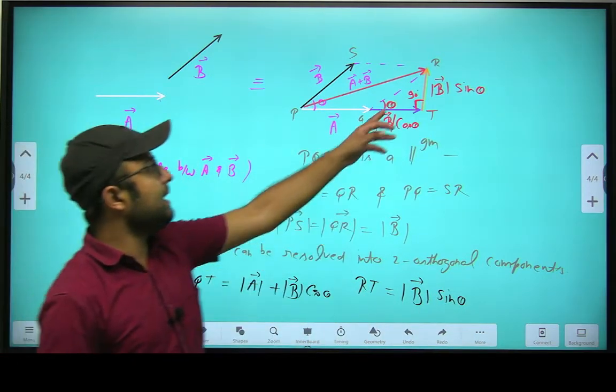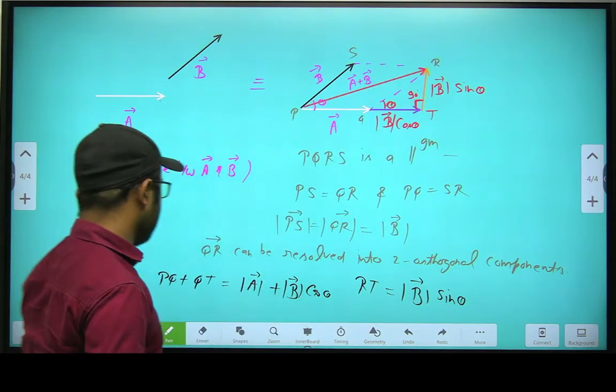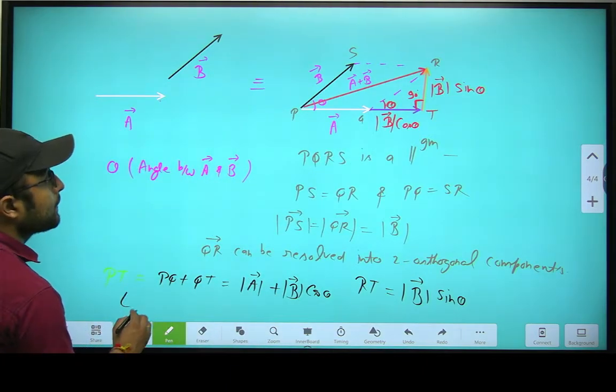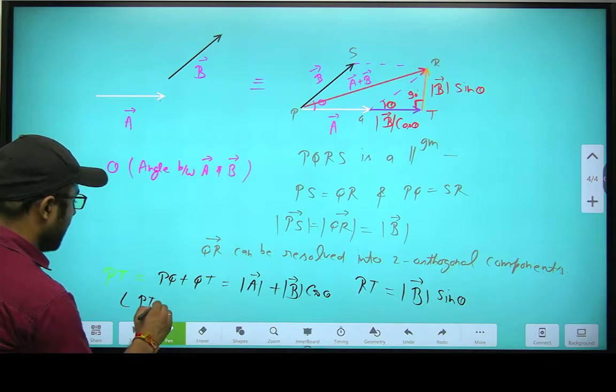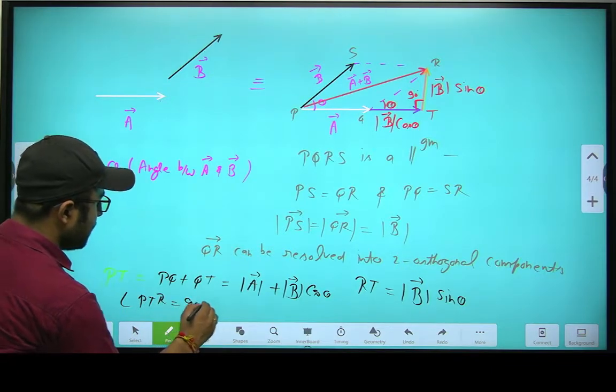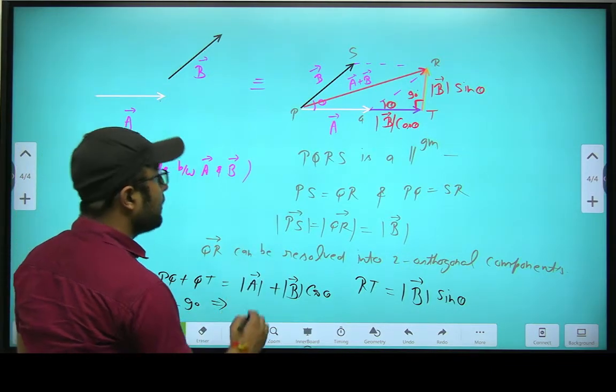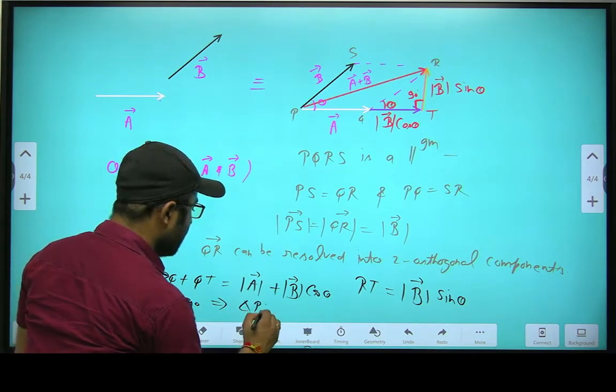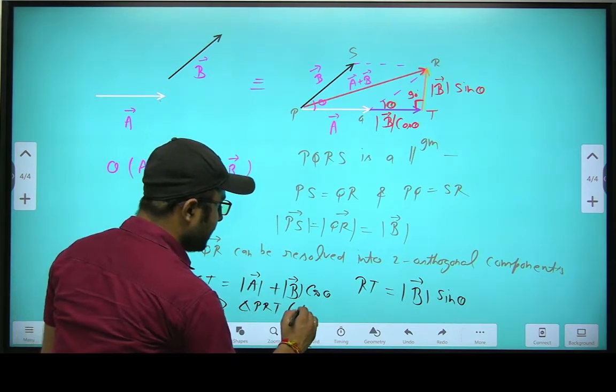And since angle PTR is equal to 90, triangle PRT is a right angle triangle.